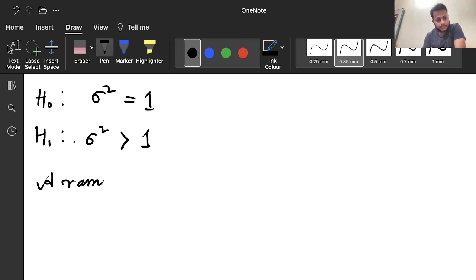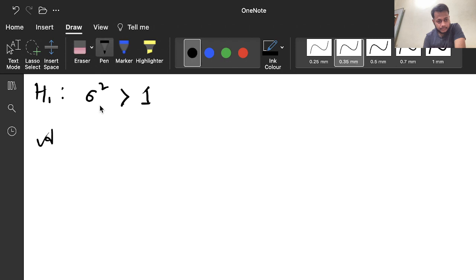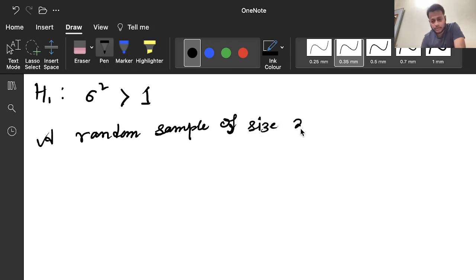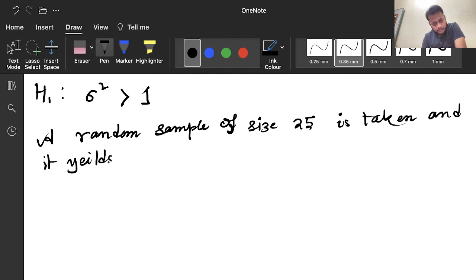A random sample of size 25 is taken and it yields S square equal to 50.